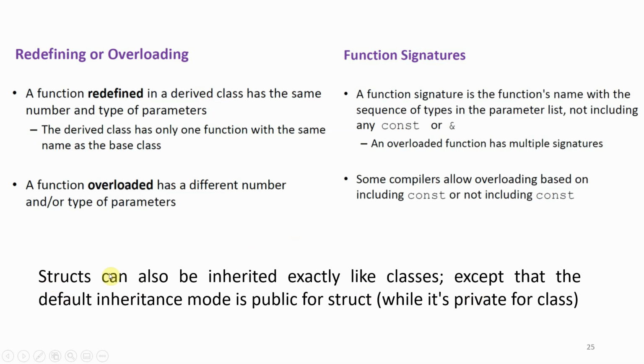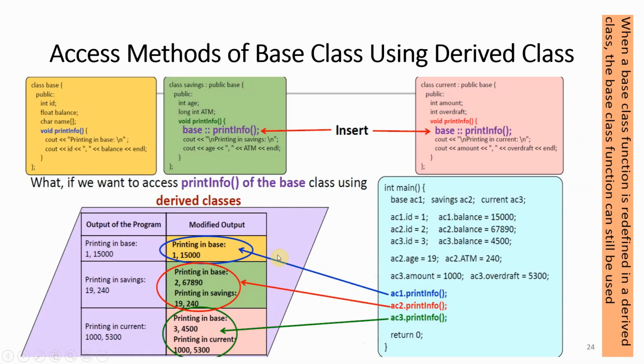I wanted to emphasize that structs can also be inherited exactly like classes, except that the default inheritance mode is public for structs. I didn't mention the default inheritance mode yet. For classes, if you don't specify the inheritance mode, by default it's going to be private.